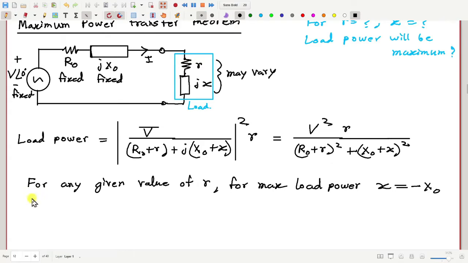Then similarly, for any given value of x, for maximum load power, how much should be the little r?